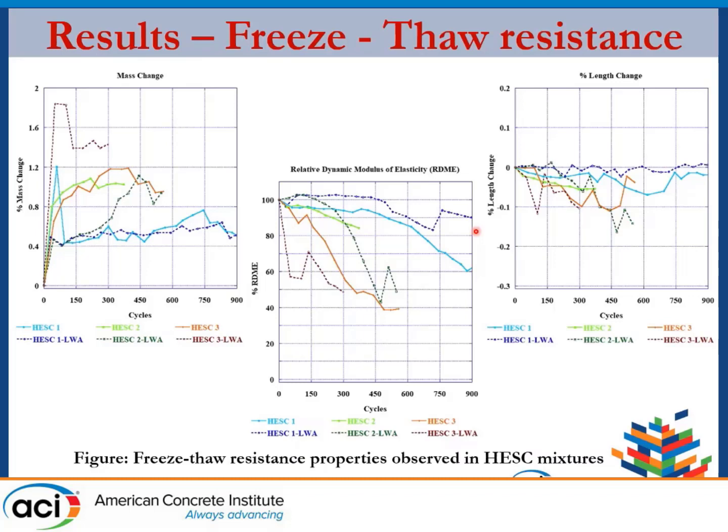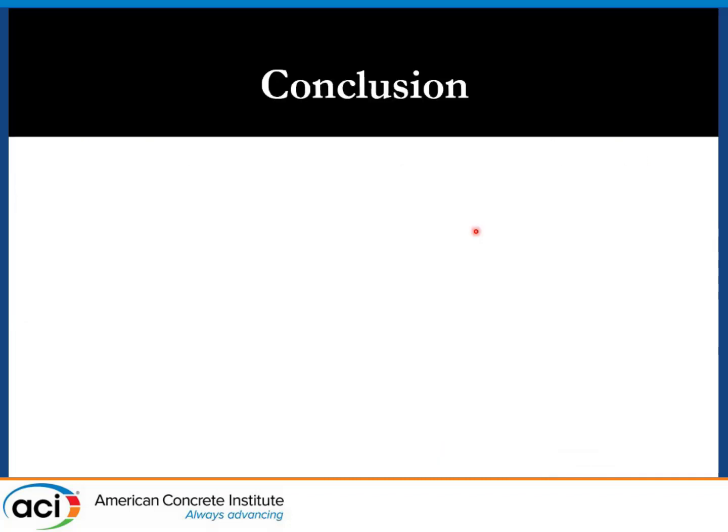So as we can see, even if you have the proper mix design and the fresh concrete properties within the given recommendations, if the admixture combination is not proper, or is not giving you a stable entrained air void structure, we will have poor freeze-thaw durability, poor freeze-thaw resistance.